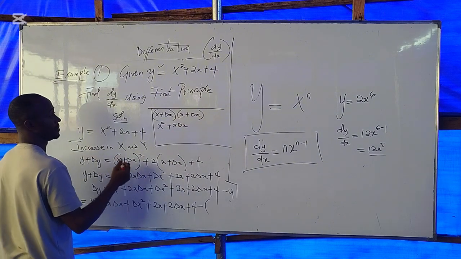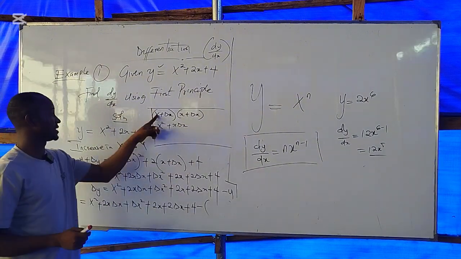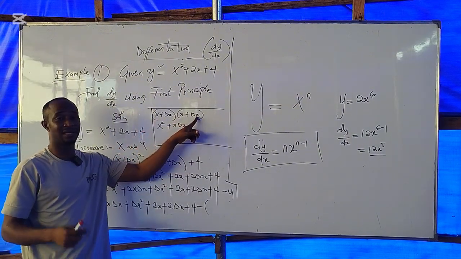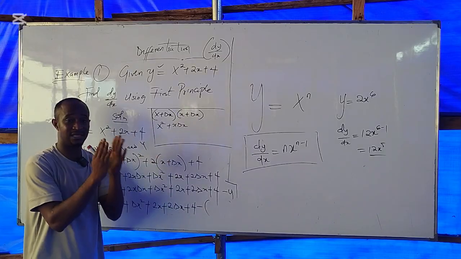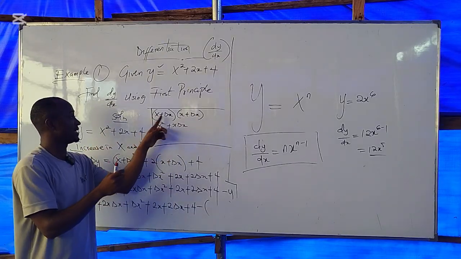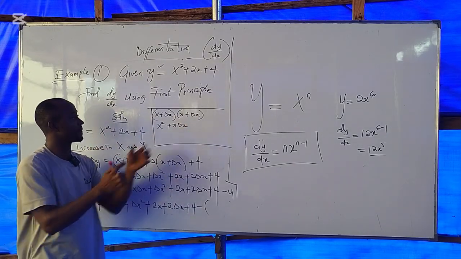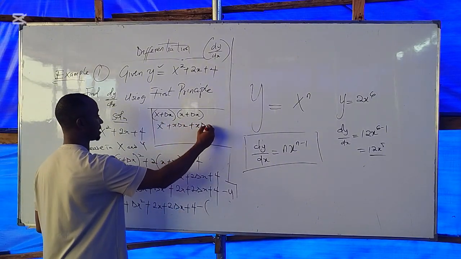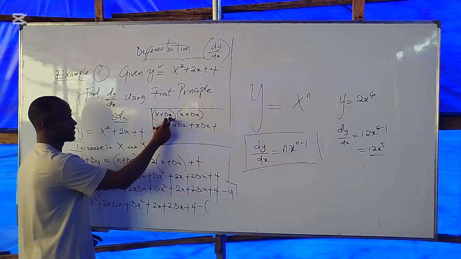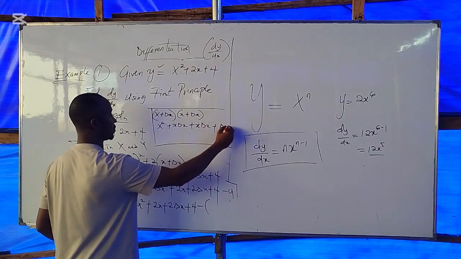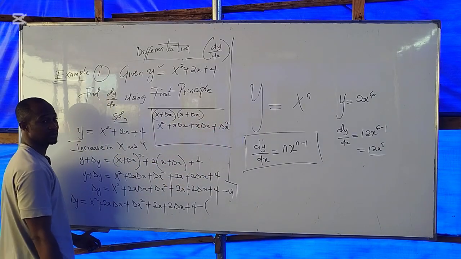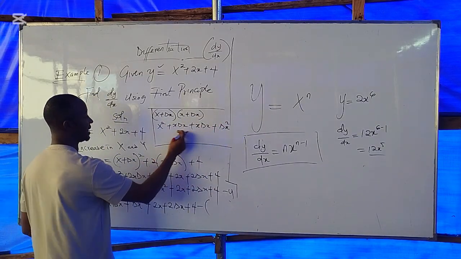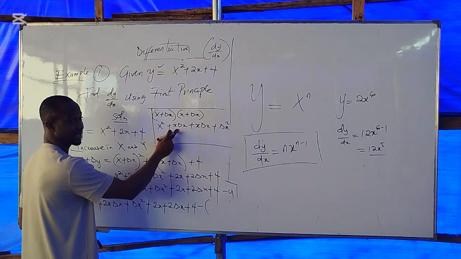Please take note that if I'm multiplying x by delta x, it's not delta x squared. This delta x is a single value. So x times delta x becomes x delta x. What about delta x times x? It's still x delta x. If I multiply delta x with delta x, it will be delta x squared. These were like terms.